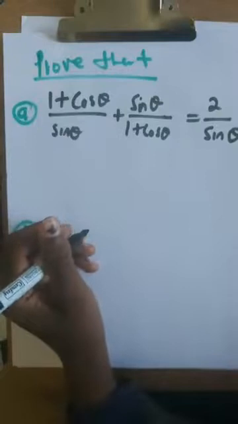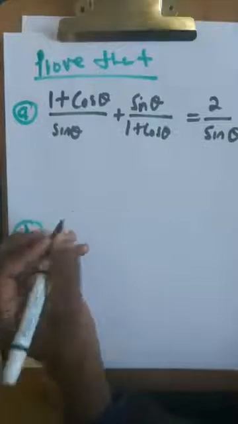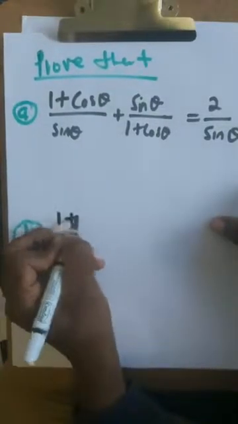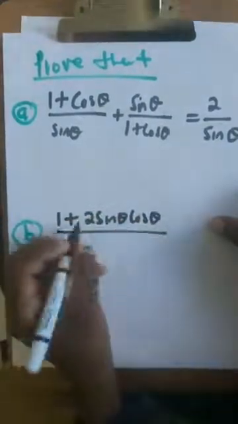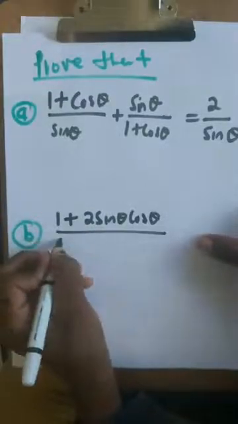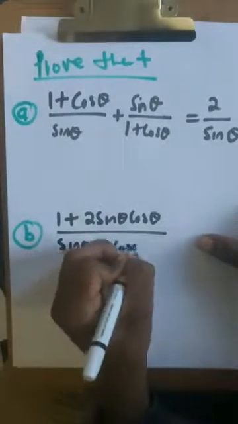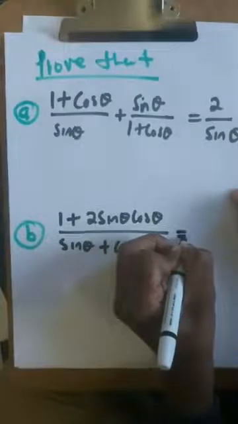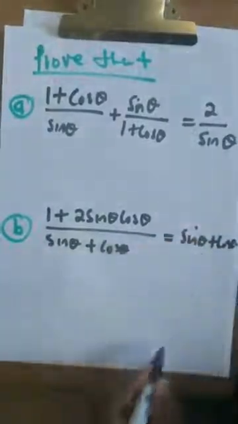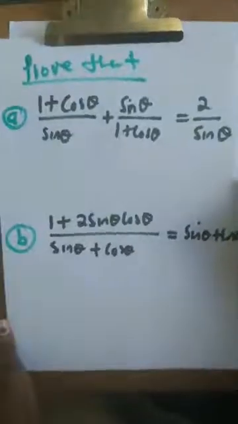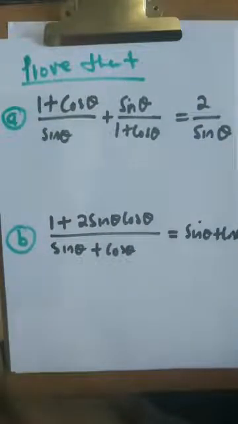You're also going to do this one: 1 plus 2 sine of theta cos theta, equals (sine of theta plus cos of theta) squared. These ones are the challenge questions for you guys. So copy them down, then we're going to discuss them tomorrow at 12 o'clock.